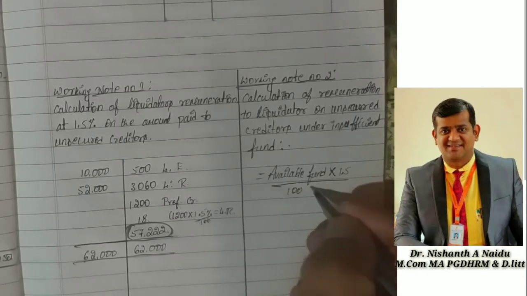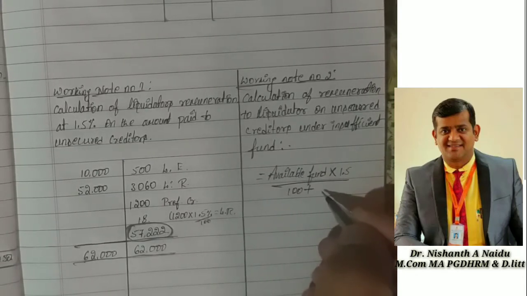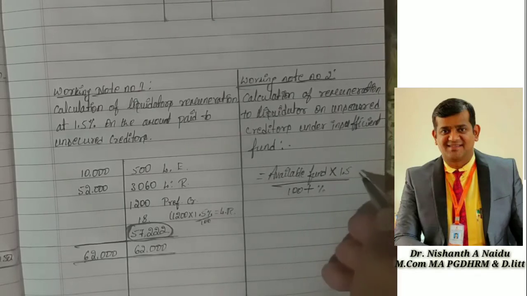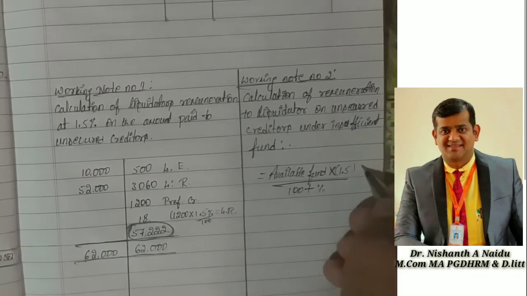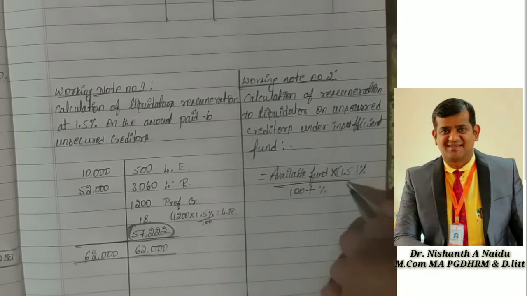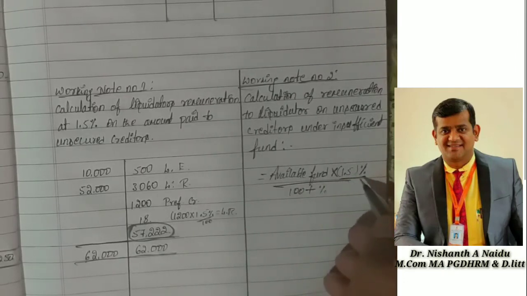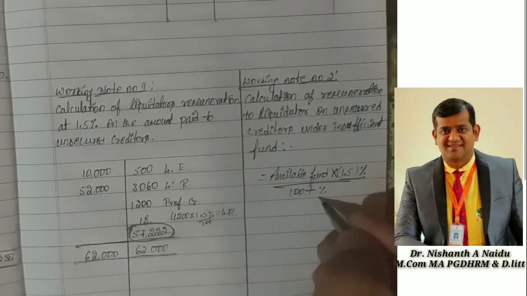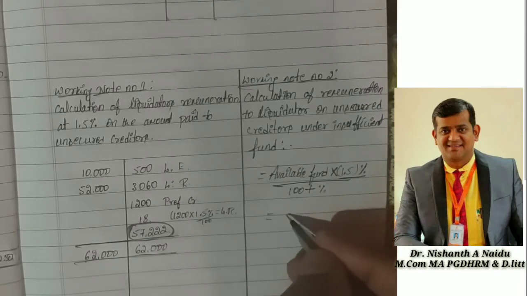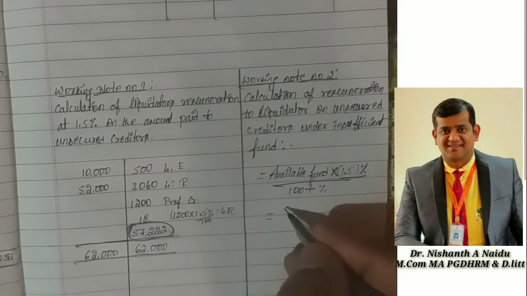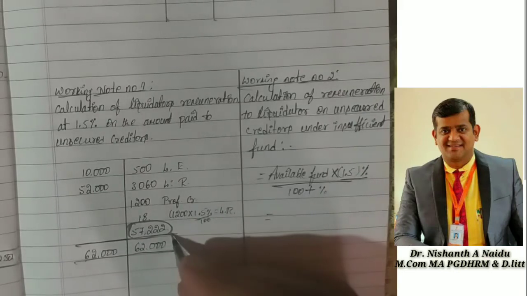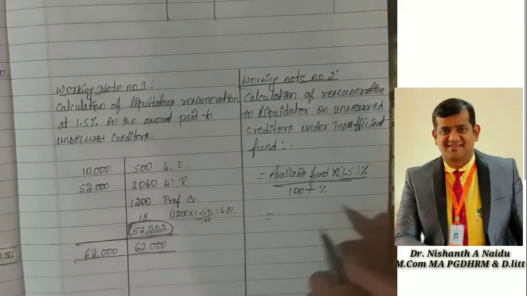The percentage is whatever they have given. I have written directly here 1.5. So the formula is available fund into percentage divided by 100 plus percentage. So how much is the available fund? 57,222 rupees.